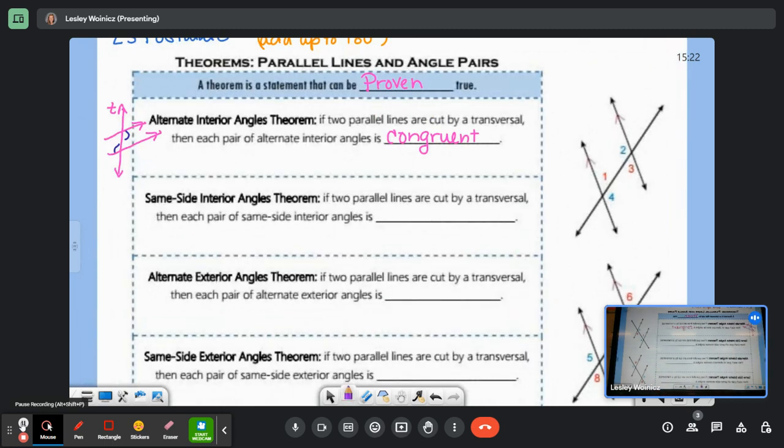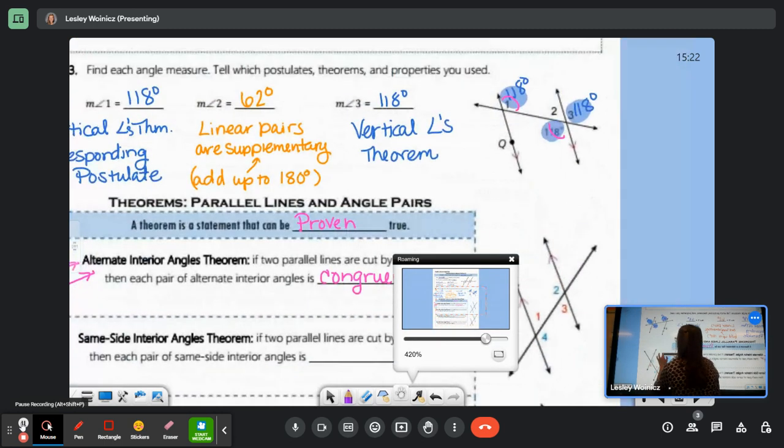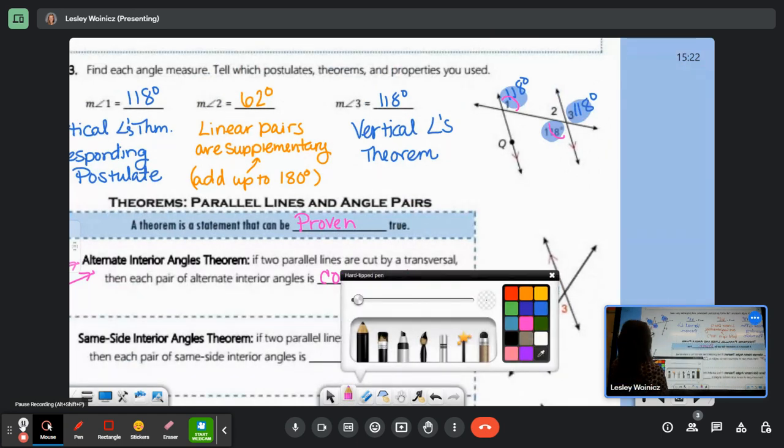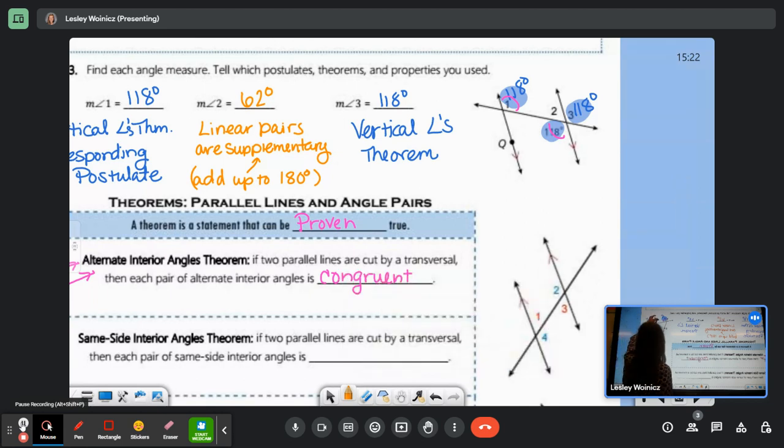All right, same side interior angles. Let's go back up to this picture. We said that angle 2 was 62 degrees, right? Do you see that 118 and 62 are same side interiors? What do they add up to? 180. So what can we deduce about same side interior angles? Are they congruent or are they supplementary? They're supplementary.